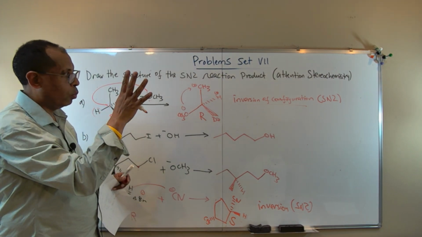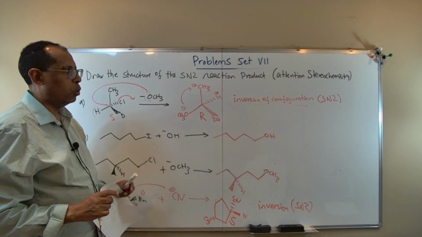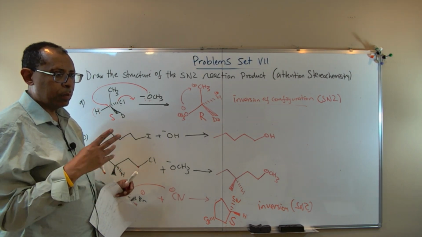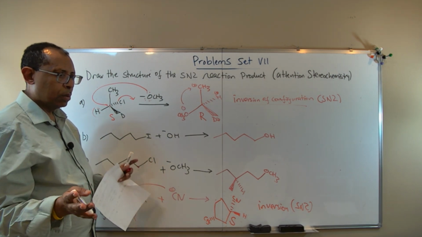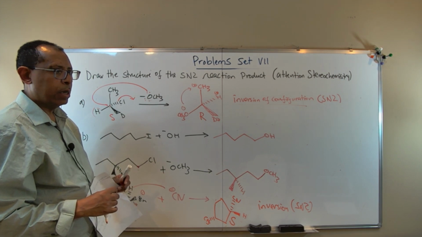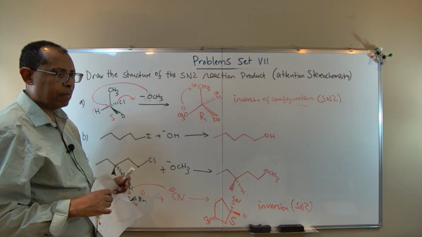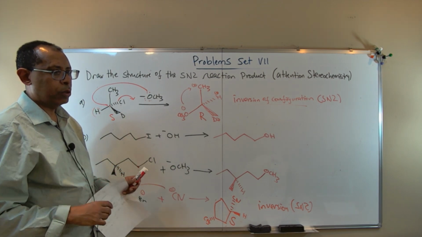But for SN1, we haven't done anything on SN1. For SN1, there is racemization, meaning that you generate both R and S. So the stereochemistry gets racemized, meaning a 50-50 mixture of both stereoisomers.